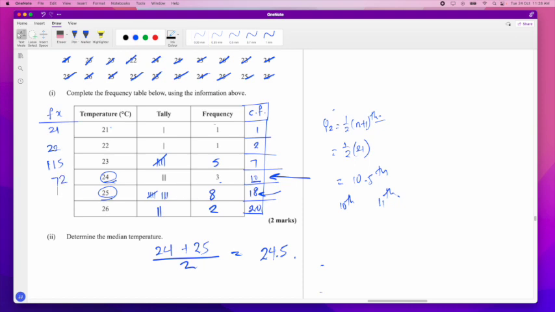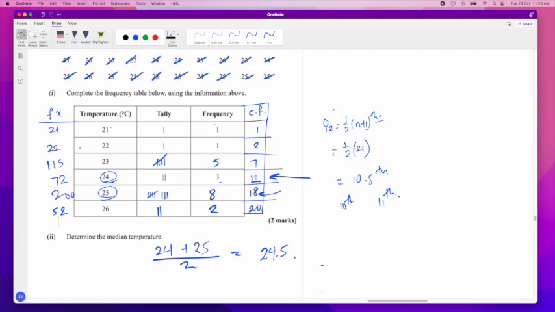8 times 25, I believe, is 200. Yep. And 2 times 26 is 52. And so now I add all of these up.